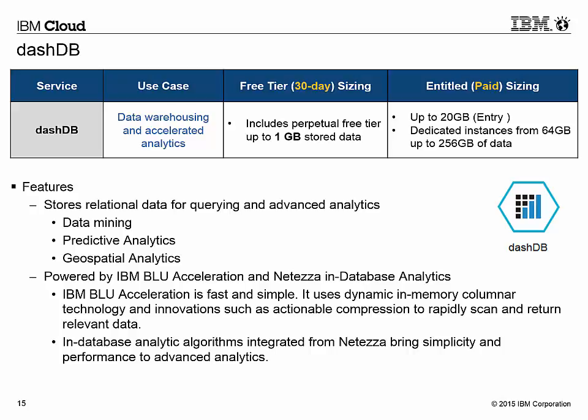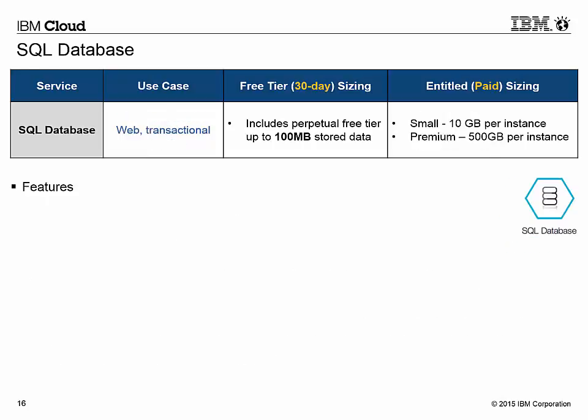And there's also the in-database algorithms ported from Netezza that allow you to do more advanced analytics in the database itself, making it perform much better than an application could by fetching that data and doing those calculations outside of the database.